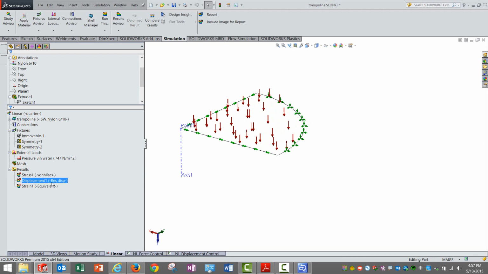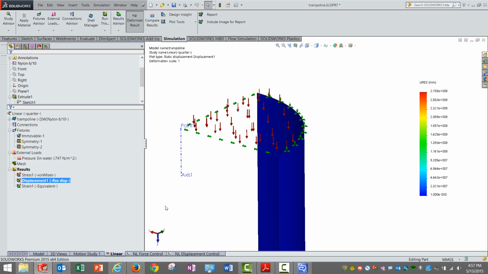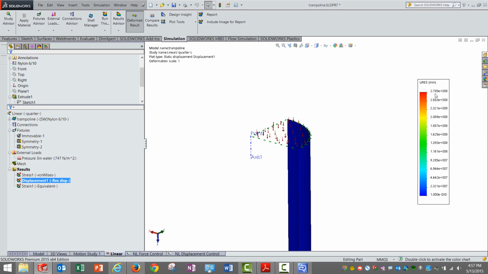Now, in a linear static analysis on solving this setup, the results can be actually very weird. If you see here, the deflection is almost infinite, that is 2.785 E8.